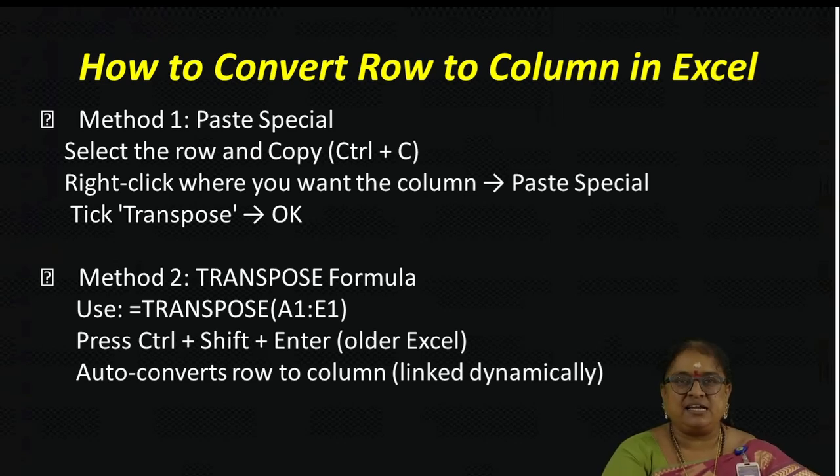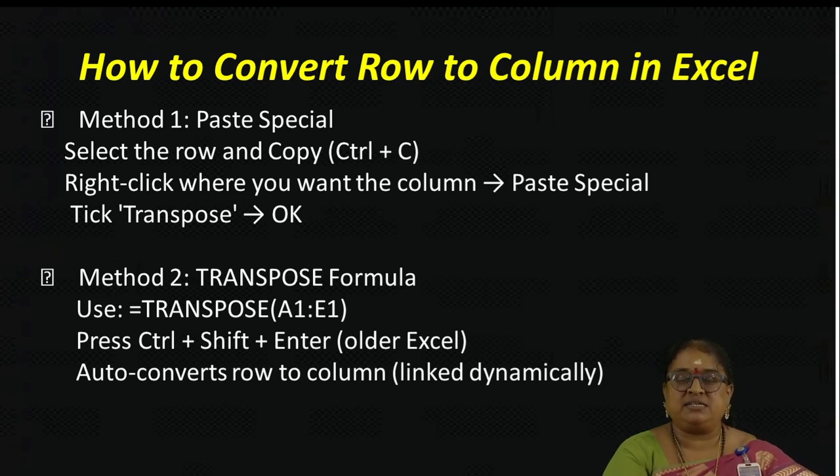You have to select the columns, right click where you want to paste, then click paste special in Excel and click transpose. Click OK, and the row can be converted into column, and column into row.